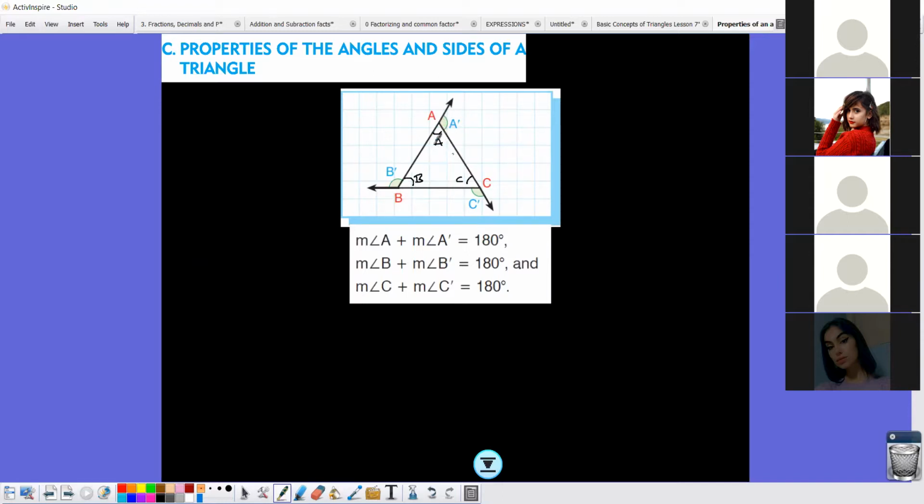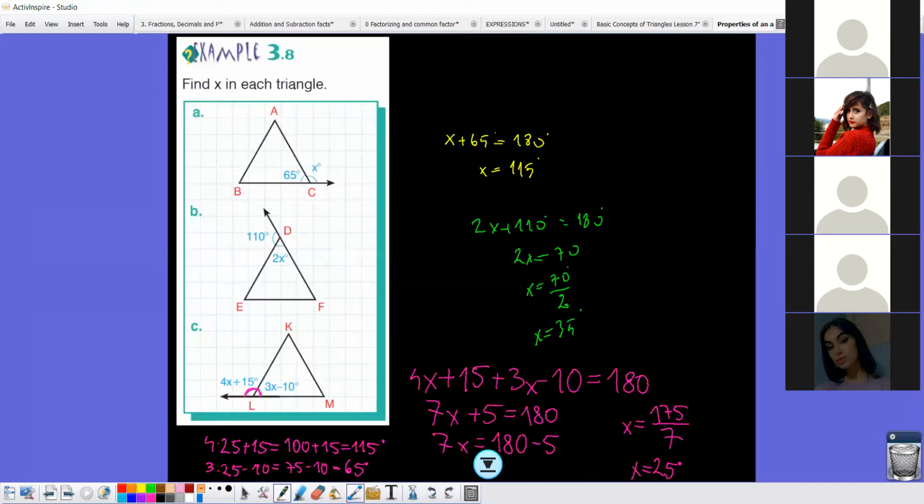A plus A prime will be 180, B plus B prime will be 180, C plus C prime will be 180 degrees. One interior and one exterior angle, their sum will be 180 degrees. We know this one because they form a straight angle. What we have here, some examples.